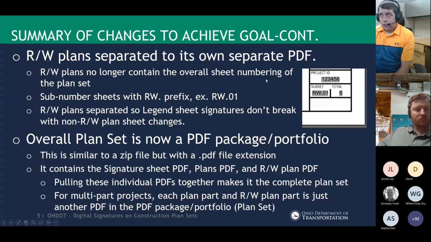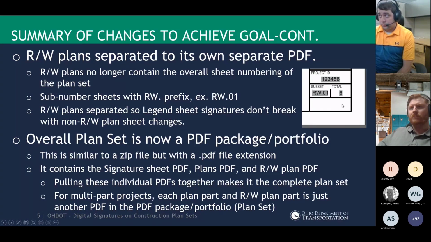All right, so some other changes that are happening or have happened is the right-of-way plans were separated to a separate PDF. This is really just to try to manage needing to re-sign or not re-sign as much. So separating the right-of-way out was one way we could help handle that situation. With that, the right-of-way plans no longer contain the overall sheet numbering.